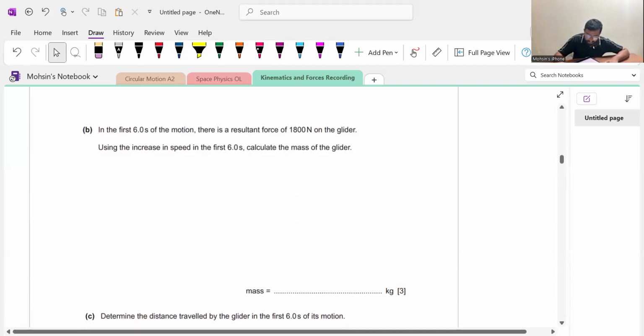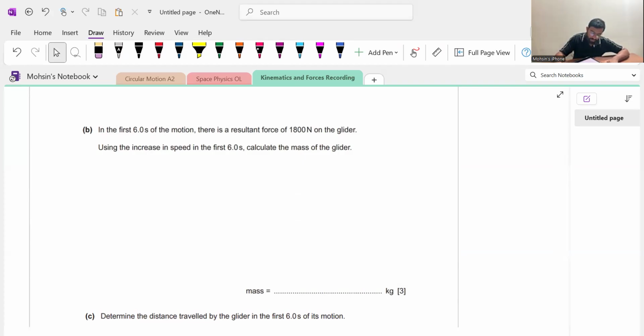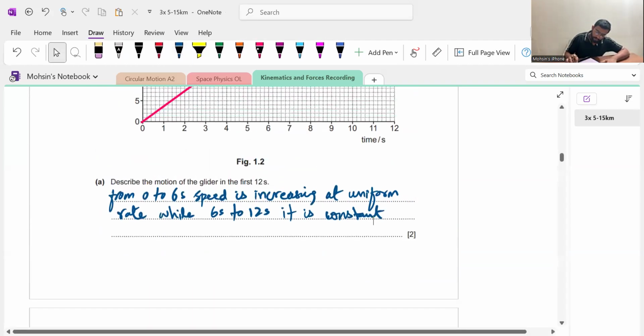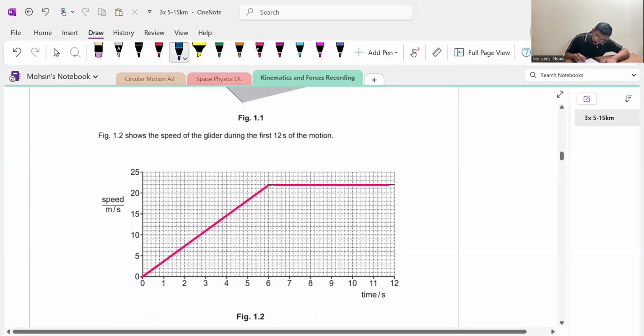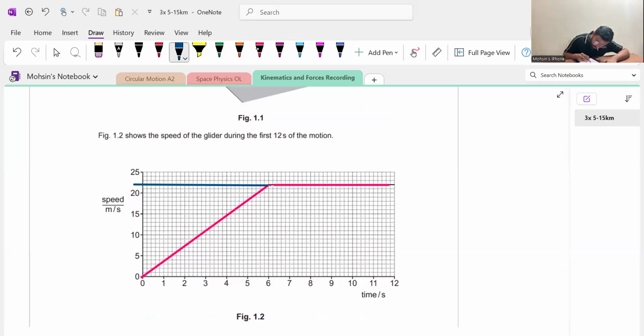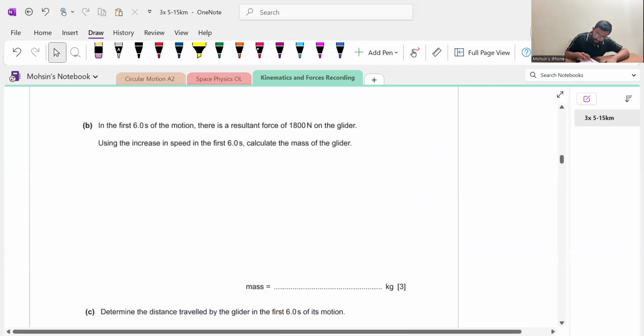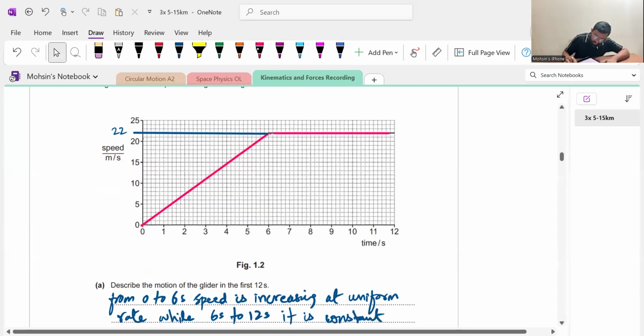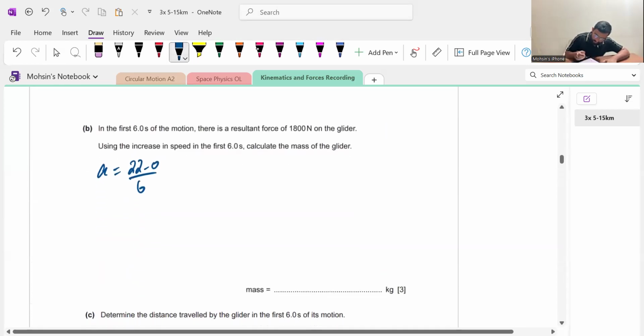In the first 6 seconds of the motion, there is a resultant force of 1800 Newton on the glider. Using the increase in speed in the first 6 seconds, calculate the mass of the glider. So in first 6 seconds the speed is increased to 22. Initial was 0 and the time is 6. First we will find the acceleration: 22 minus 0 over 6, and then we are required to calculate mass. Mass is equal to force over acceleration.